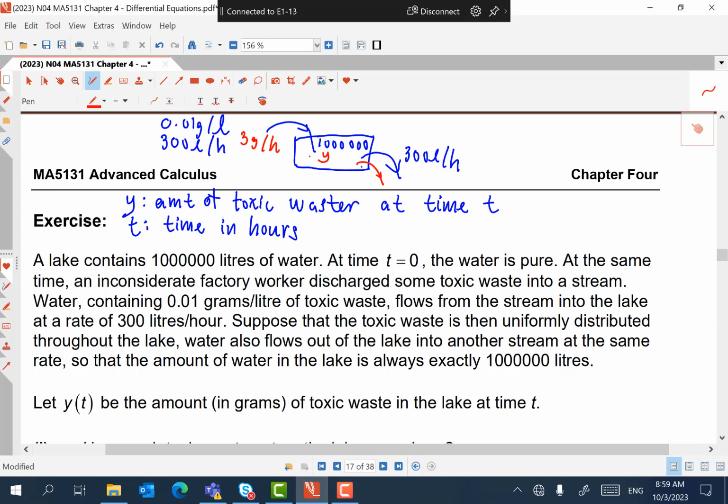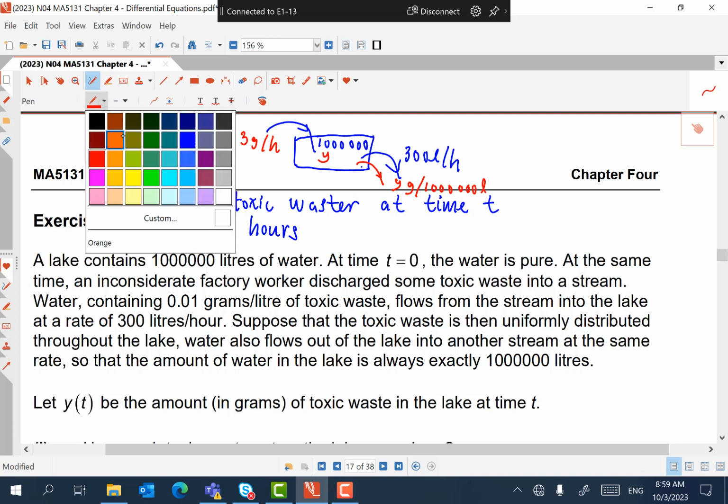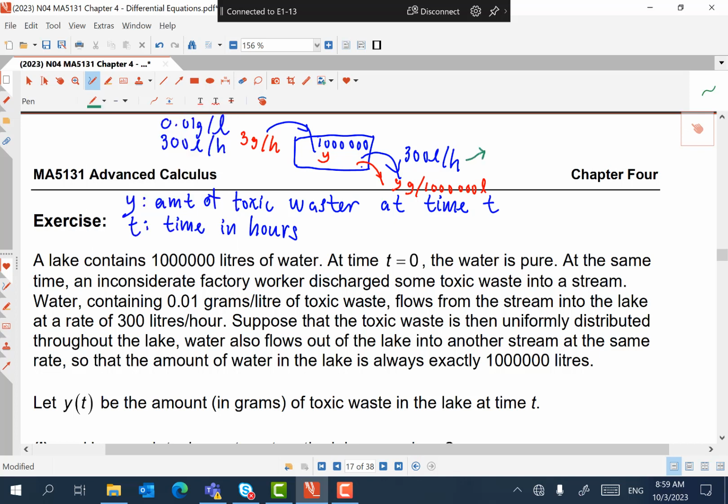Given that at time t you have y amount of toxic and you have 1 million liters, the concentration of toxic is y grams per 1 million liters. Therefore in every 1 hour, you're pumping out 300y over a million grams per liter.